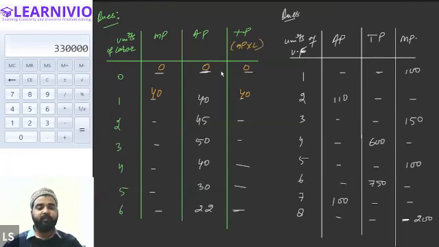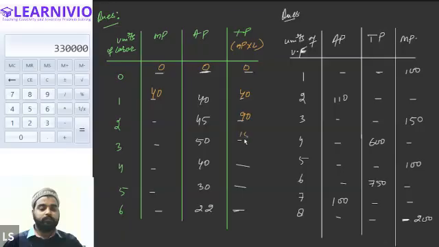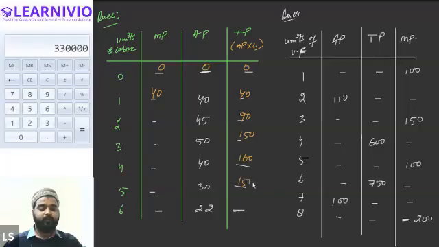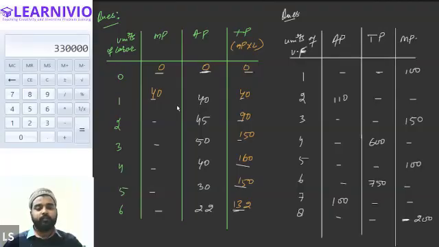So AP into labor will give you the total product. It is 45 into 2, 90. Then 50 into 3, 150. 40 into 4, 160. 30 into 5, 150. And 22 into 6, 132. Now, once we are done with the calculation of the total product, then we can easily find out the marginal product.